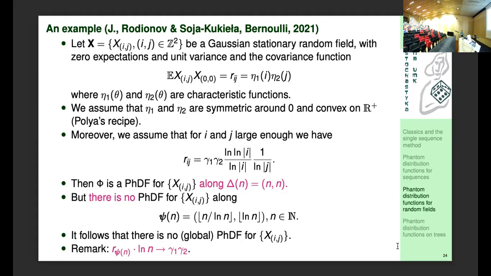So it was possible to show that there is no global phantom distribution function, but there is a phantom distribution function along some curves, the most important case being when we go to infinity with all coordinates.